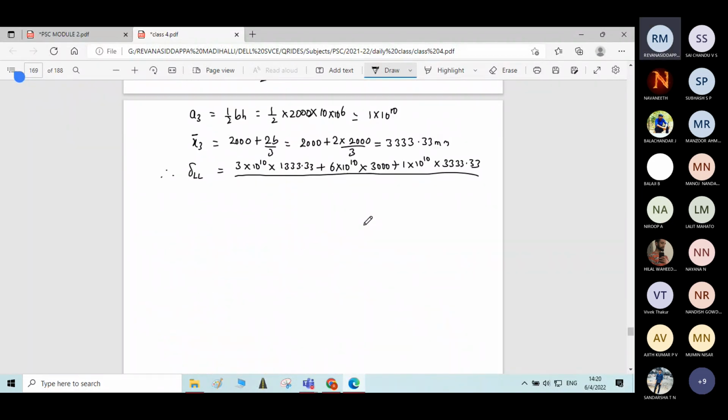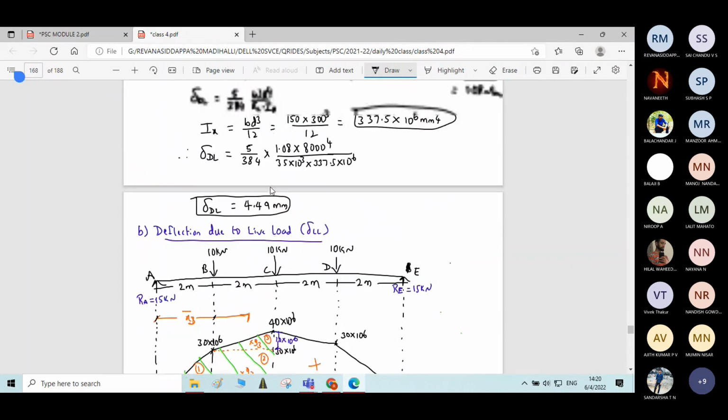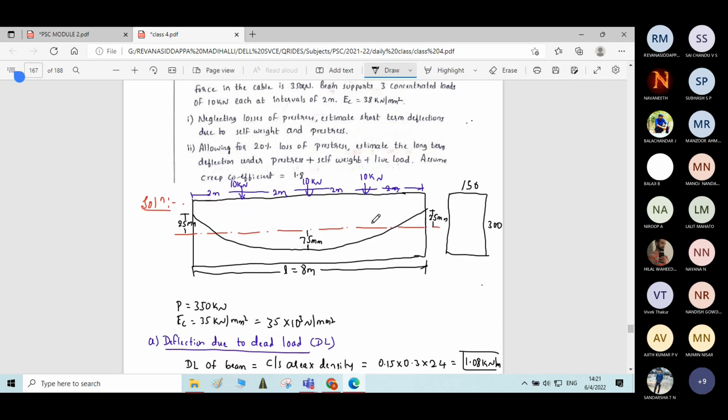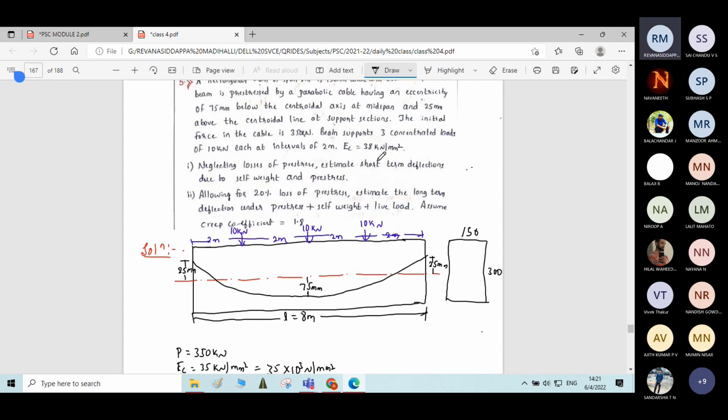Let me write the same thing here. 35 or 38, it is 30... Let me check here. Here I took 38. Yes, see, they have given 38 only.